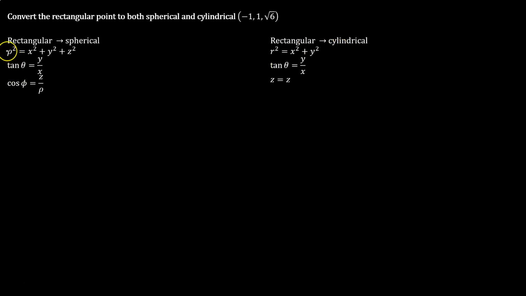So to convert to spherical, we'll use these equations. Looking at the rectangular point, we can identify x is -1, y is +1, and root 6 is z. So we can find rho by plugging each of those in.